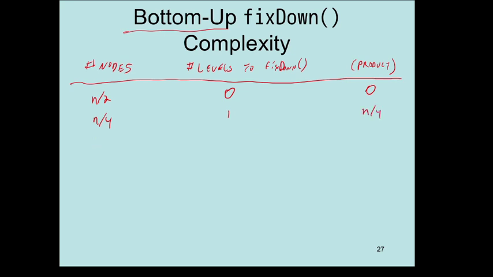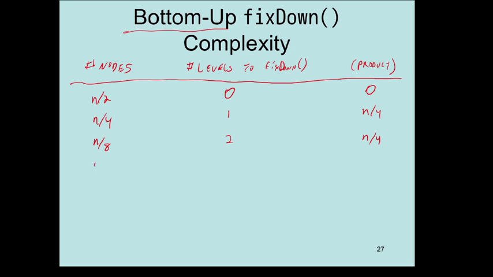Above those, there are n over 2 nodes. They have to be fixed 2 levels. The product of those is 2 times n over, I can't even think straight here. I'm trying to work ahead and think ahead. N over 8, sorry. If there's n over 4, there's n over 8 above those. If I fix 2 levels, the product of that is 2 times n over 8, which is n over 4 also.